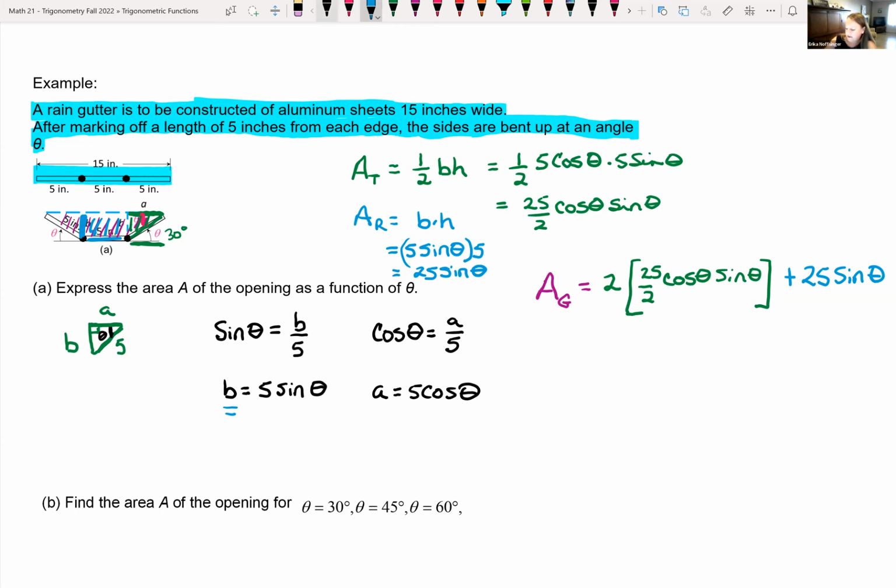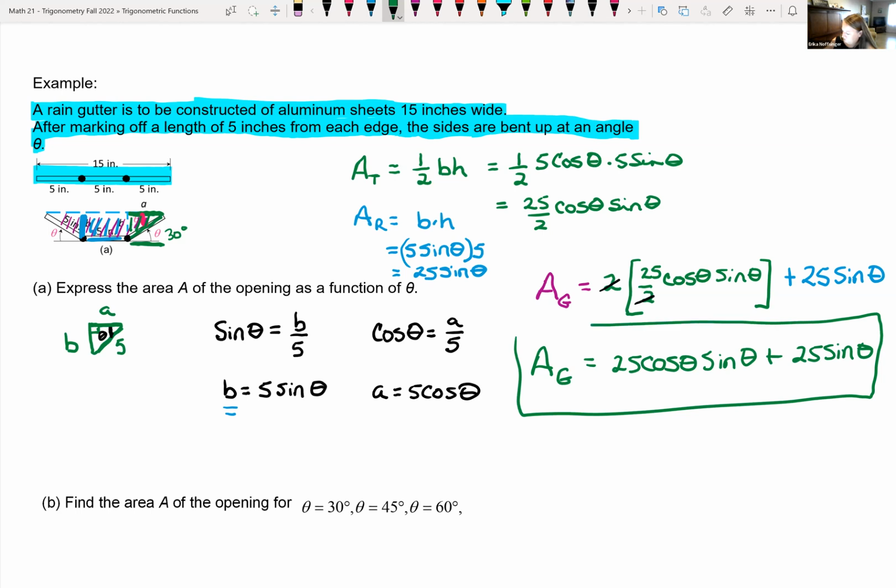It's nice over here, I noticed my 2 cancels with this 2. And so we found the area of our gutter. This is equal to 25 cosine theta sine theta plus 25 sine theta. And so that's just the generic formula.